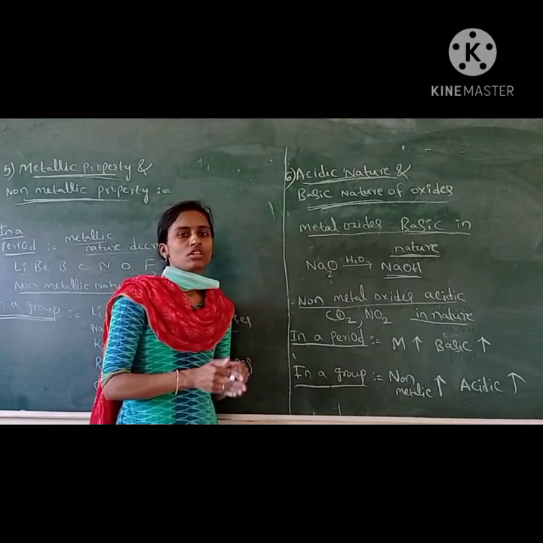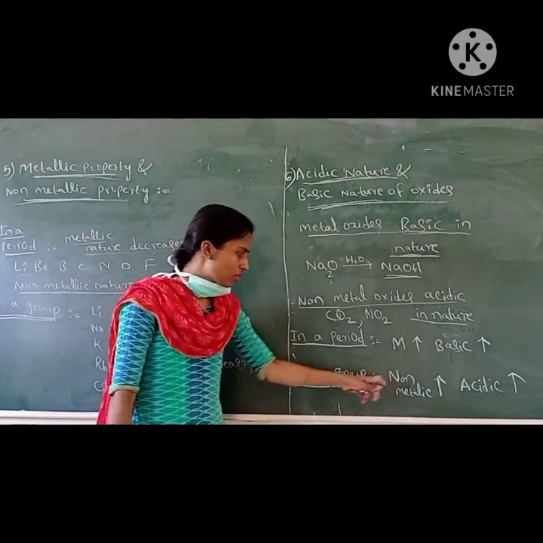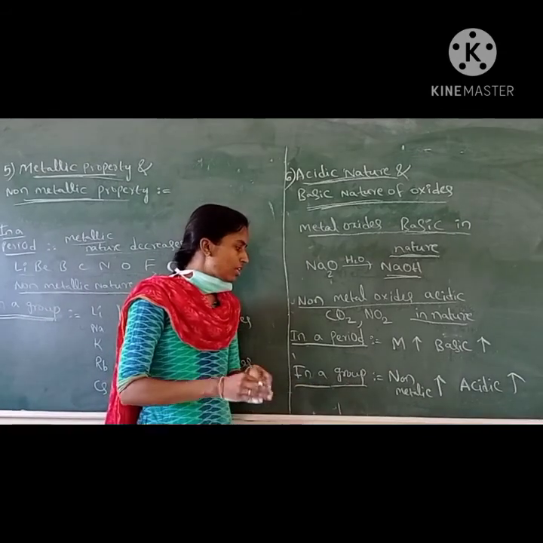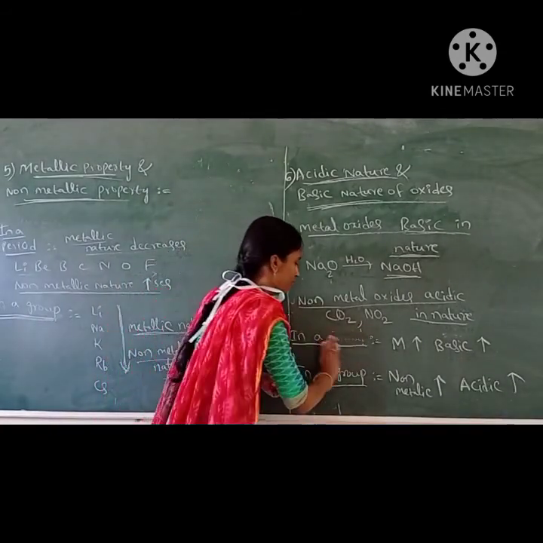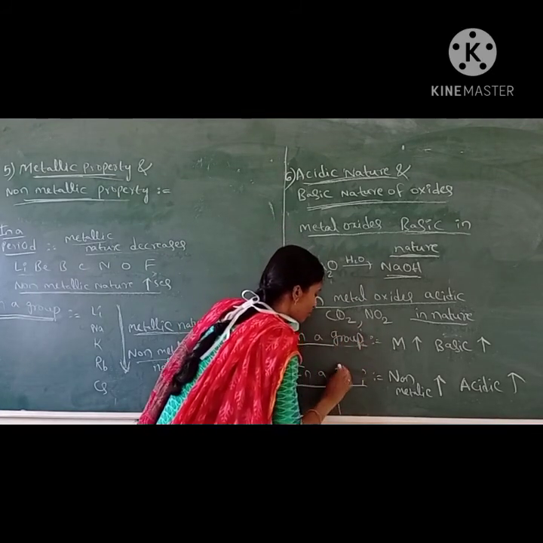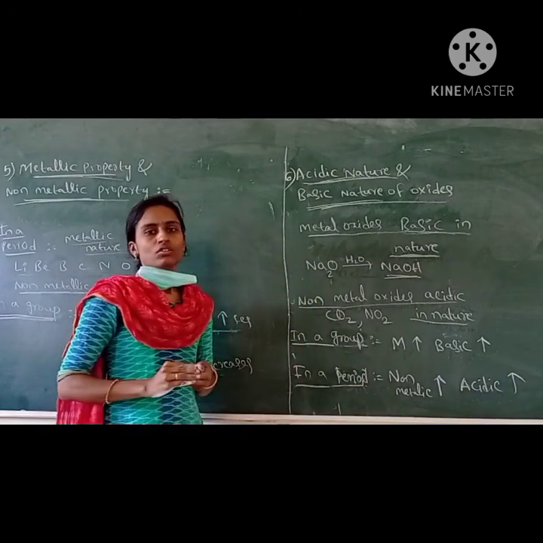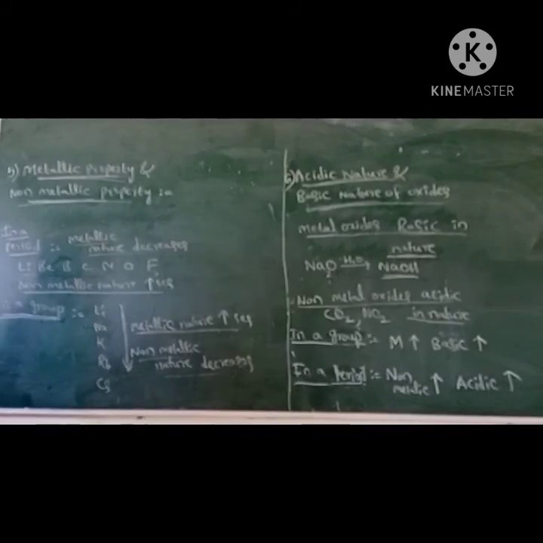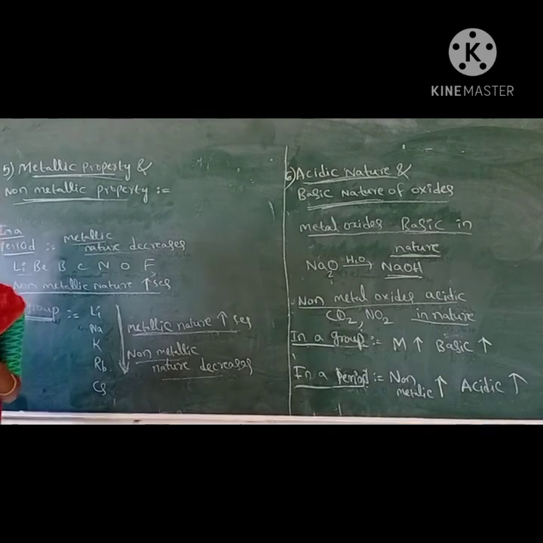If metallic nature increases, metal oxides will be basic in nature. That's why in a group, metallic nature increases and basic nature increases. So this is in a group and this is in a period. So this is the trend of acidic and basic property in a period and in a group. So in total we have seen these properties.